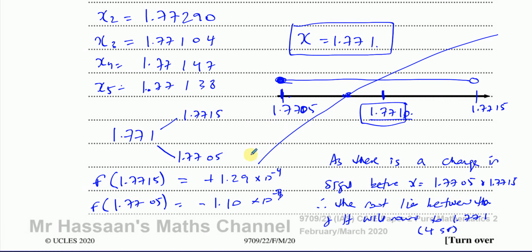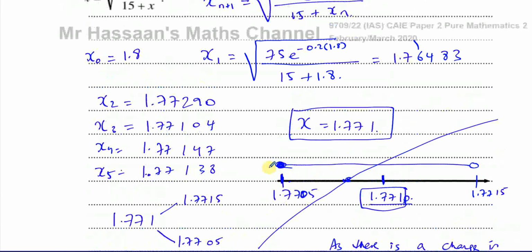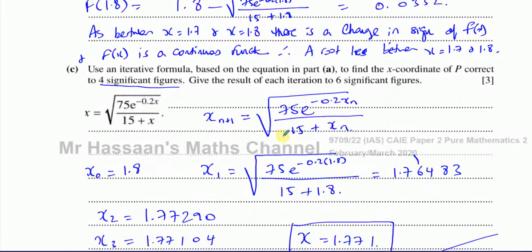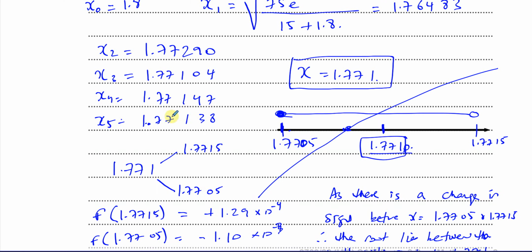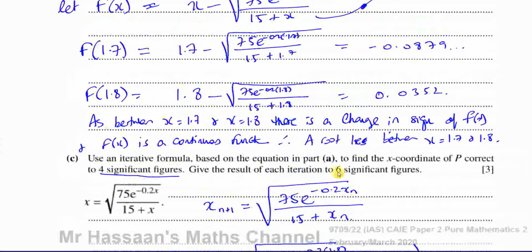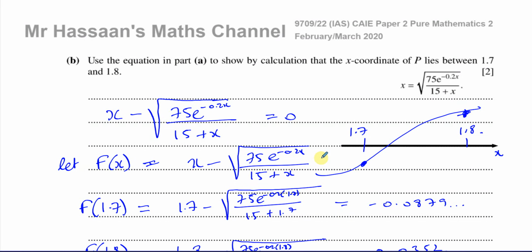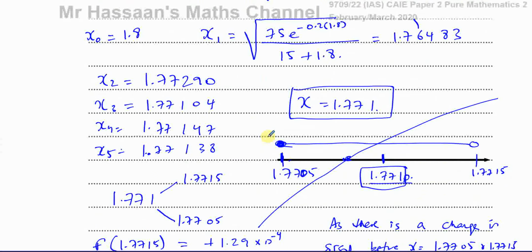Whatever the root is, if it lies between those two, it will round to this value to 4 significant figures, which proves that this is the root to 4 significant figures. So there are different ways you could go about part C. Once you've got to something that's close to the root, this is a way to completely prove it 100%, and that's the answer here for question number 6, part B. And that 6C, that concludes this question.